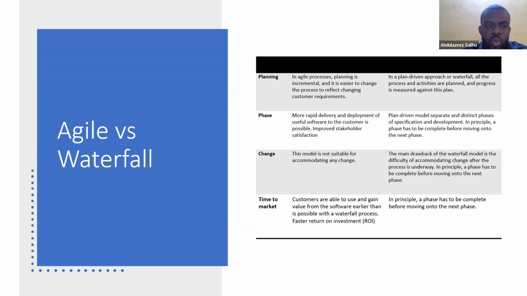Whereas the waterfall, otherwise called the predictive or plan-driven approach, you would have planned all your activities from day one. Let's say you're trying to build a car. You have to plan how to deliver that car before you even commence at all. So you're assuming at that planning phase that you already have your requirements clearly defined.